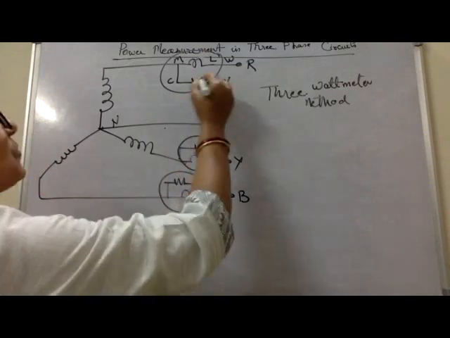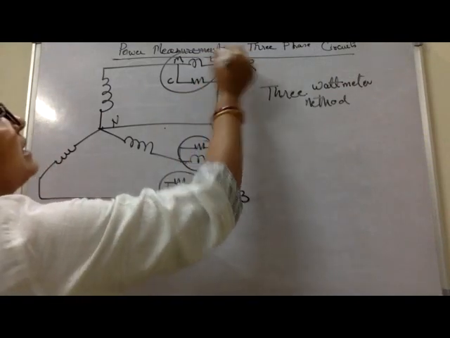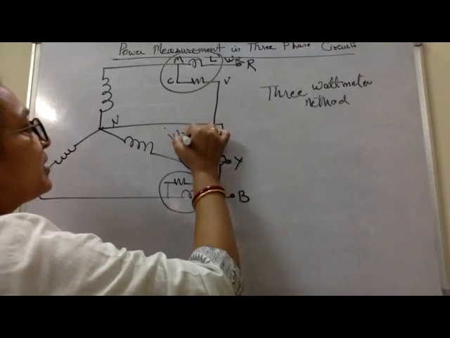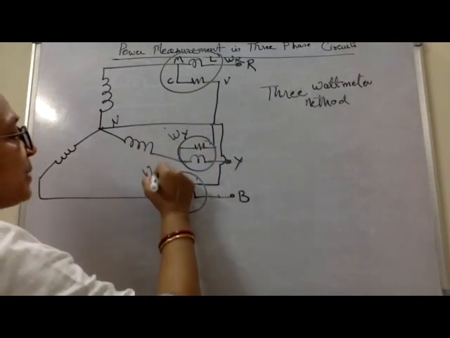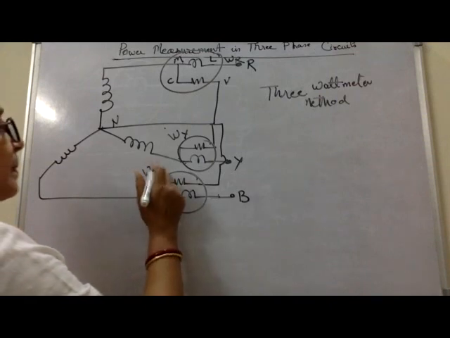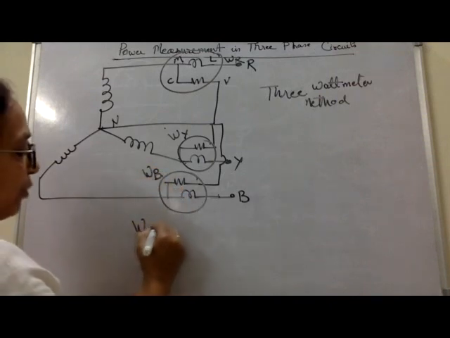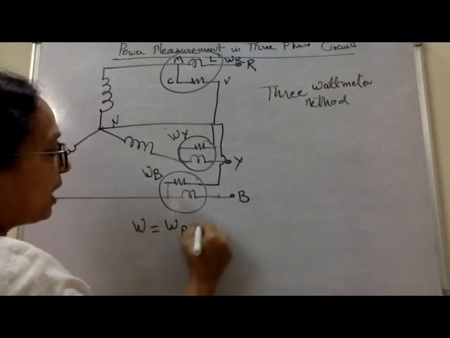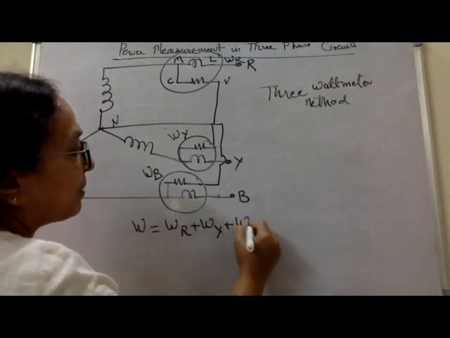This wattmeter is reading the power consumed by phase R. This wattmeter is reading the power consumed by phase Y, and the third wattmeter is reading the power consumed by phase B. So the total power consumed by the three-phase circuit will be WR plus WY plus WB.